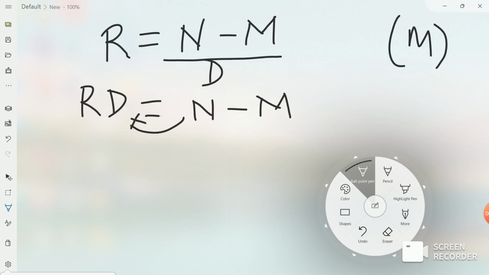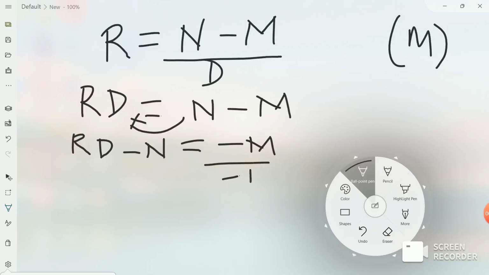So what do I have? I have r d minus n is equal to minus m. So you divide both sides by minus 1. So what do you have? You have m is equal to rd divided by minus 1.